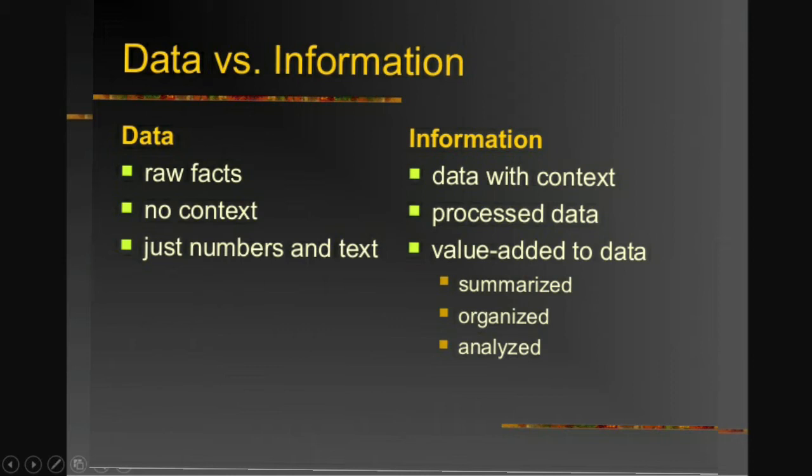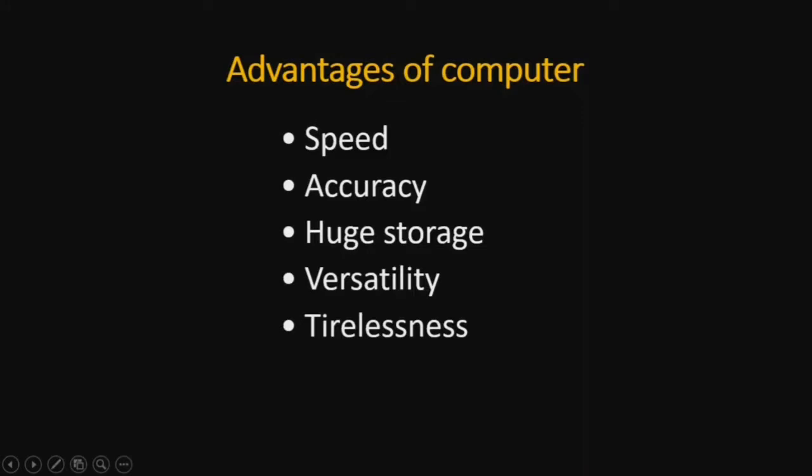Okay, then let us see the difference between data versus information. Data means what? It's a collection of raw facts, right? No context, just numbers and text like that. Information means meaningful data. It is specific about what the purpose of it is. I'll give you one example.